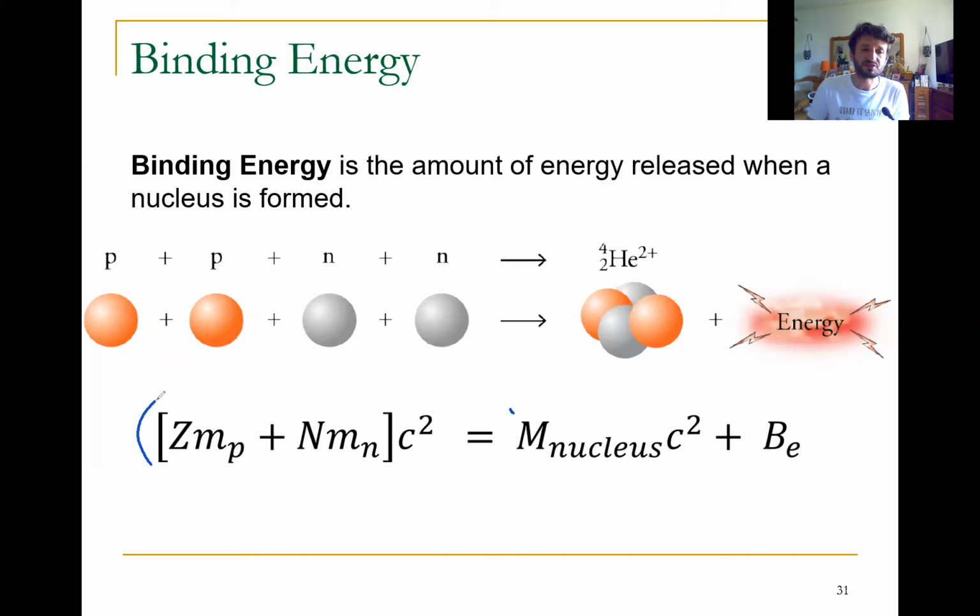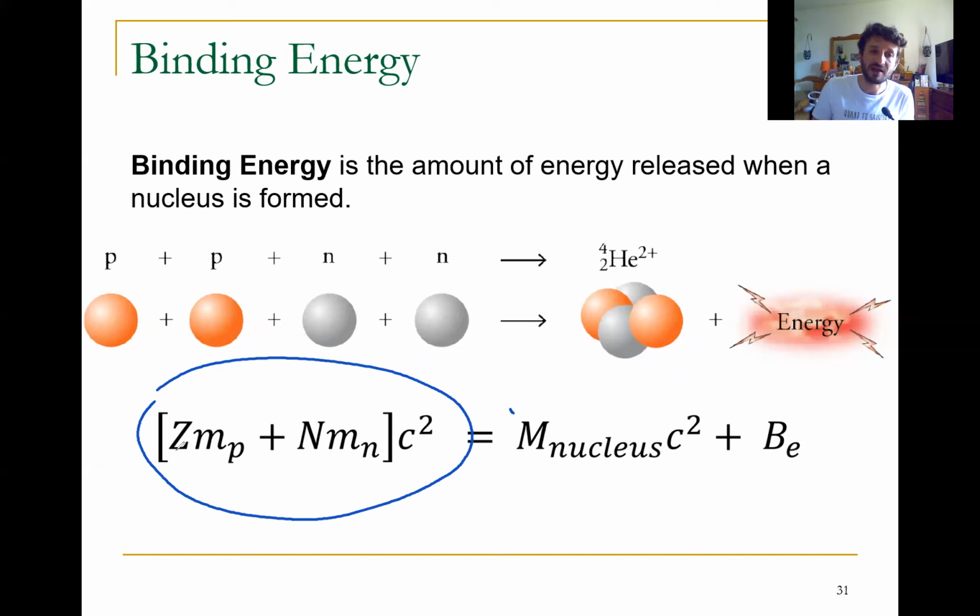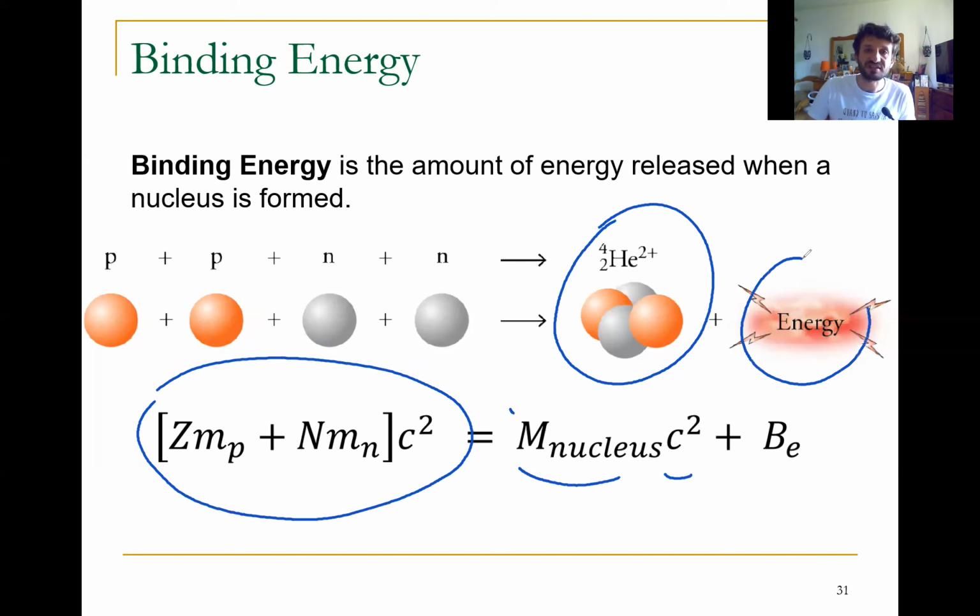We have the total energy before, equal to the total mass times c square, equal to the energy of the created nucleus, which is the mass times c square, plus this energy, which is binding energy.